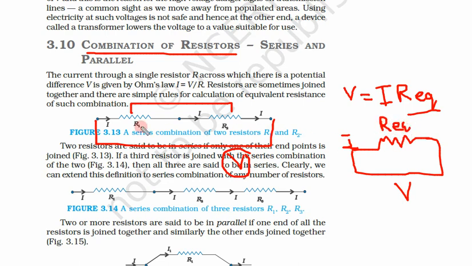Instead of two resistances R1 and R2, we have replaced them by an equivalent resistance which will maintain the same current I in the circuit. That is called equivalent resistance.